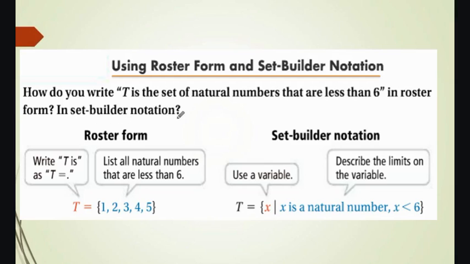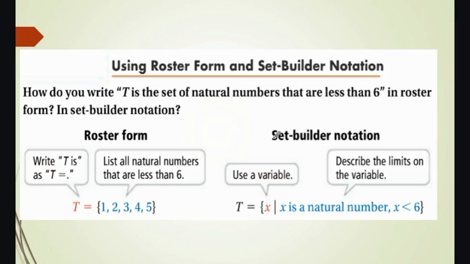Roster form, think of this as a set. We're using those brackets and applying everything inside of it. So in roster form, T is equal to all natural numbers less than 6, so that would be 1 through 5. We're listing all of that inside the bracket.